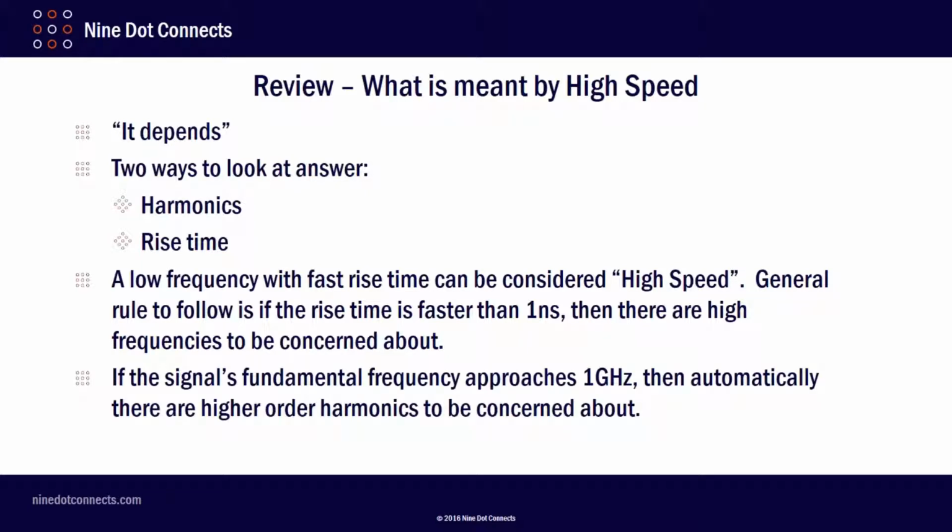If the signal's fundamental frequency approaches 1 gigahertz, then automatically there are higher order harmonics to be concerned about. That kind of goes to what we talked about in the first 2 parts of this series, the 3rd and 5th harmonic of a square wave concept as to what frequency content to be concerned about.